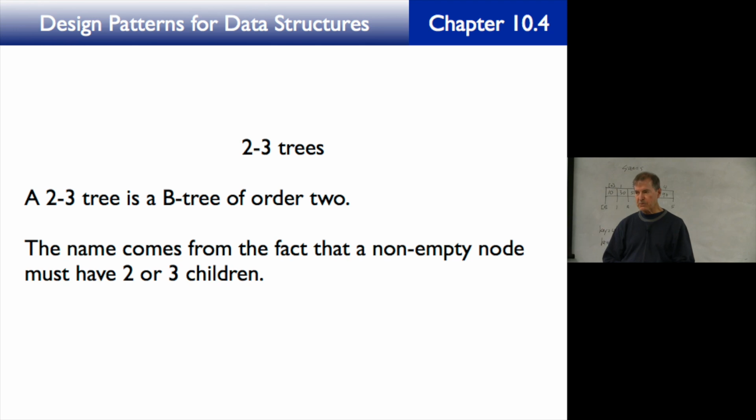In other words, a maximum of 2 data elements in a node. The name comes from the fact that a non-empty node must have either 2 or 3 children. If it's order 2, how many data values in the node? Either 1 or 2, which means either 2 children or 3 children. So they call it a 2-3 tree because of the number of children. Are you with me? That's just common terminology.